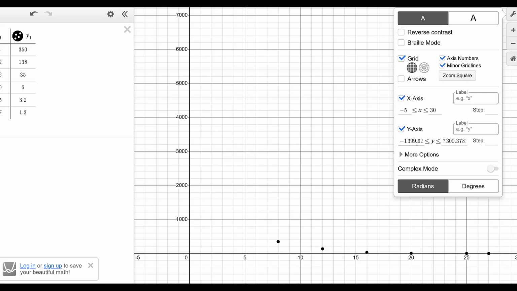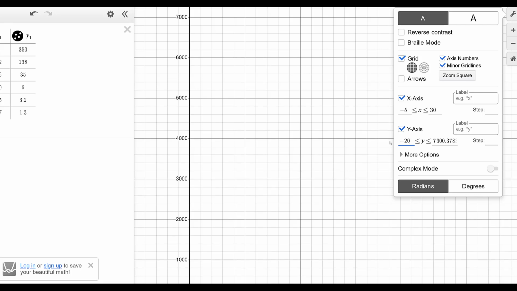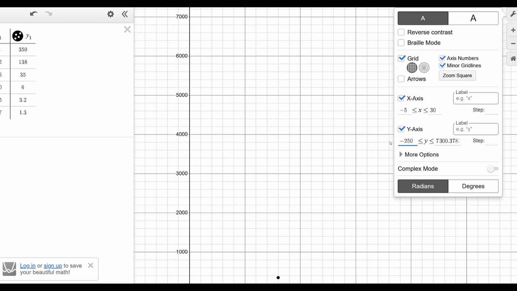From here, for the y values, to be more meaningful in how we see it, let's go up as far as 350. Let's maybe go negative 20. That's not going to be enough. Negative 50. That's helpful, but you still can't see that. Let me drag this down.